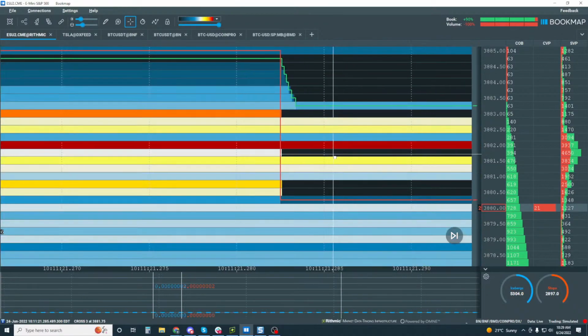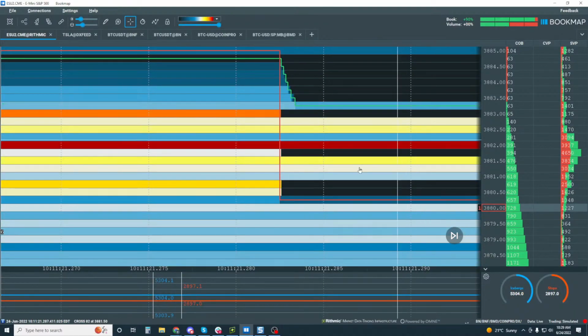Because now let's just take a look at this here. If the transaction took place down here, then the current price would be here at actually 80.25. In this scenario, if you hit market buy, where would you get filled?